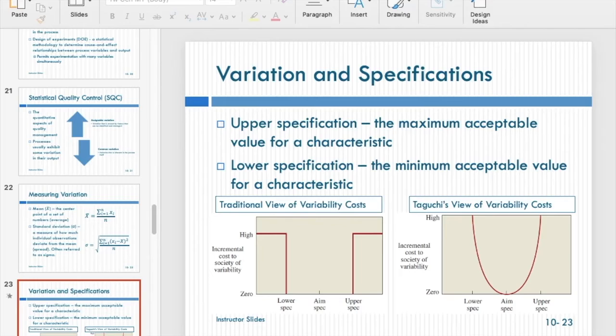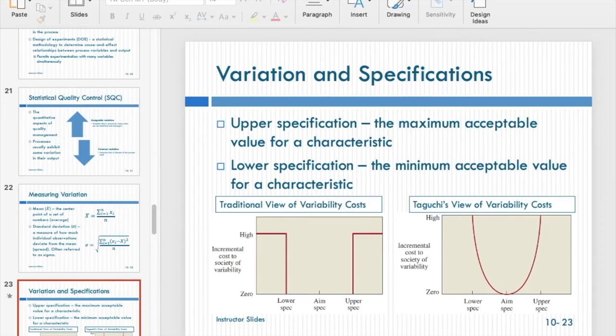What it means is that since our target for this product is exactly 10 inches, in Taguchi's view, if the difference between the length of a unit and our target is smaller, then the quality of this product is higher.